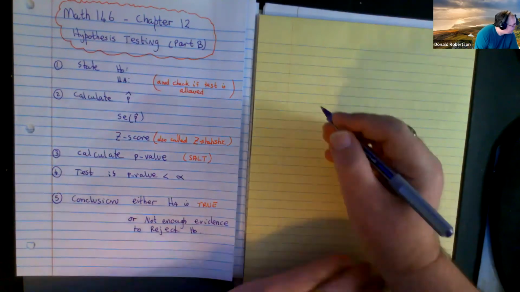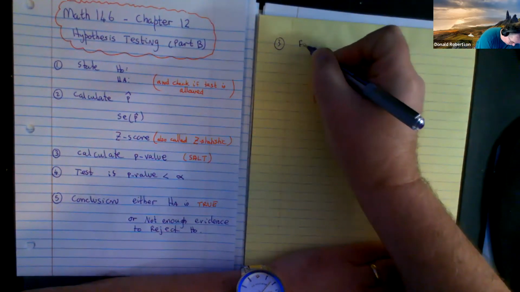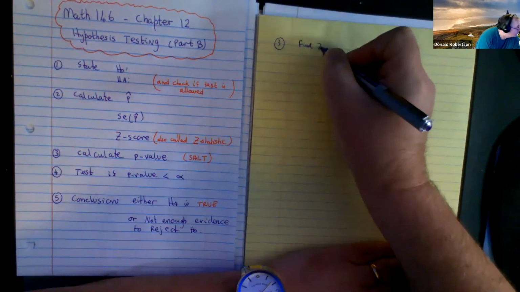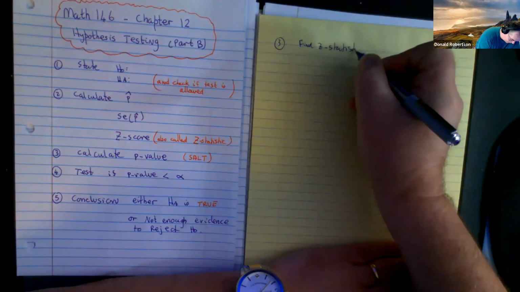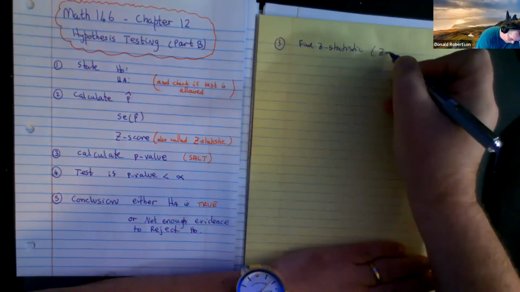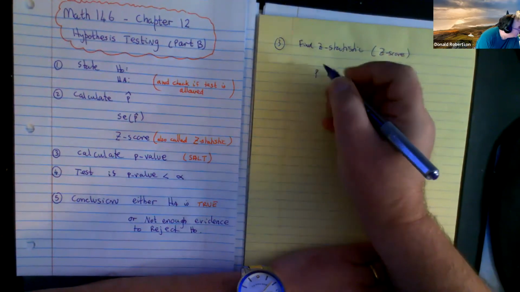So let's show you some of these questions. Question 3 wants you to find what they're calling a z-statistic. I call that a z-score. Well, what am I told?